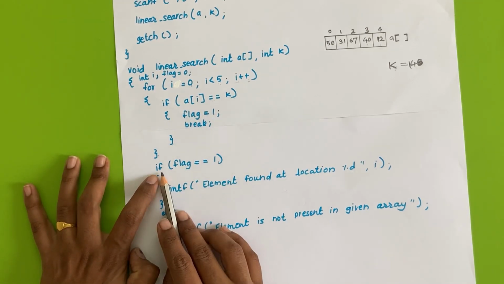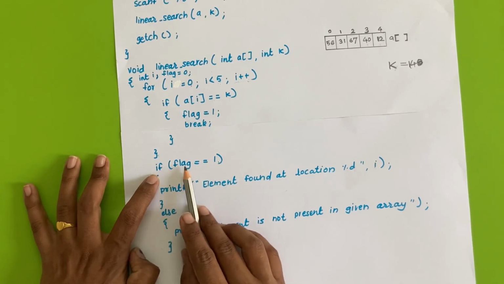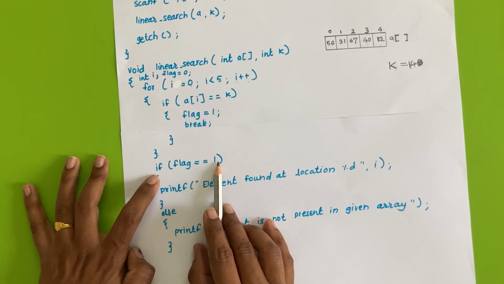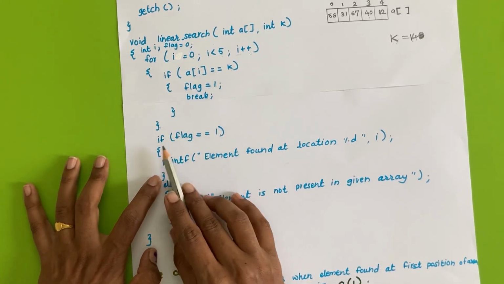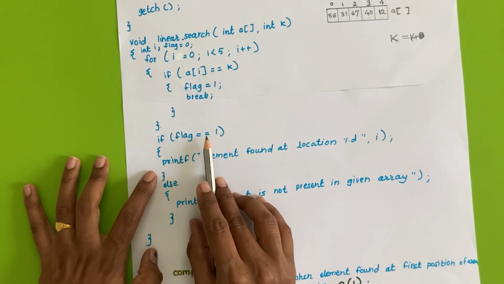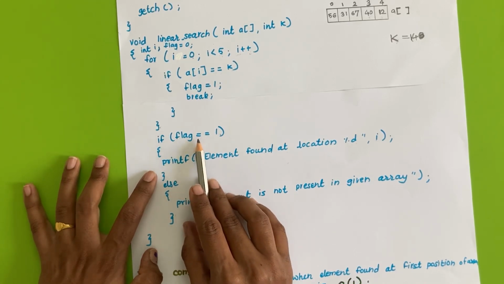Now here the value of flag will be checked. If flag is equal to 1, this condition does not satisfy because the value of flag is 0.